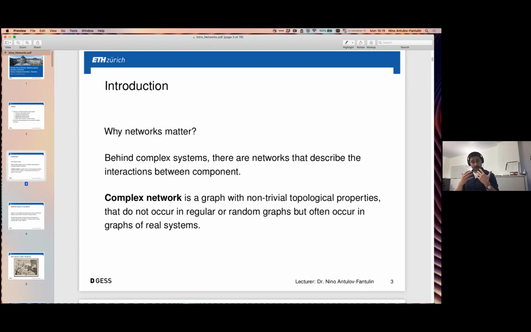But we also need to give the working definition of what a complex network is. I have said that a network is a synonym for a graph. So a complex network is a graph with non-trivial topological properties. Non-trivial meaning that they do not occur in regular graphs or random graphs, but often occur in graphs of real systems. I have used two classes here, regular and random graphs. We will try to define them in more detail later.